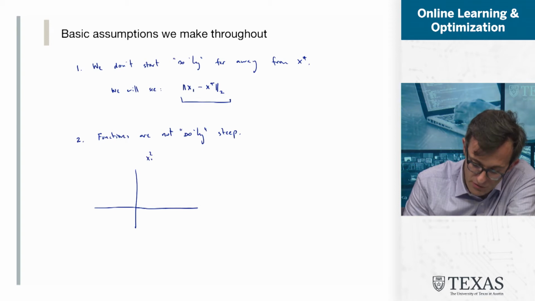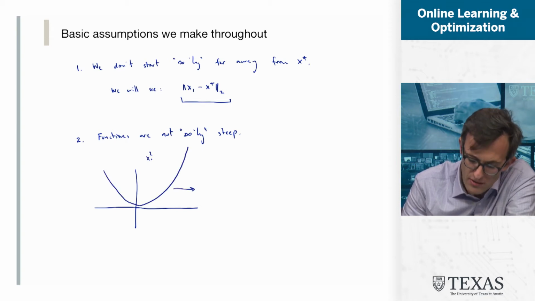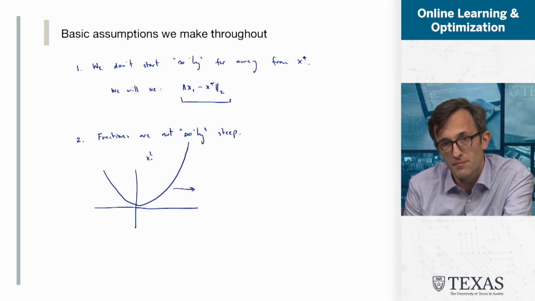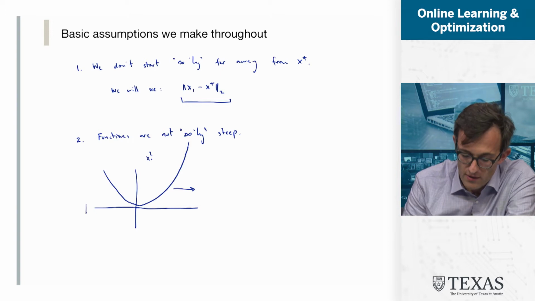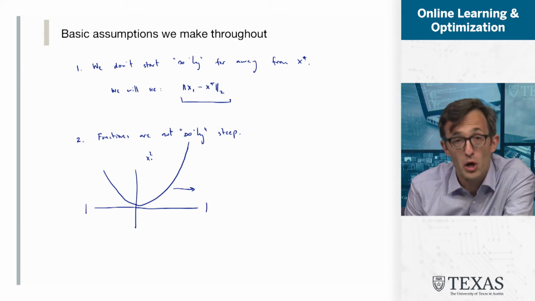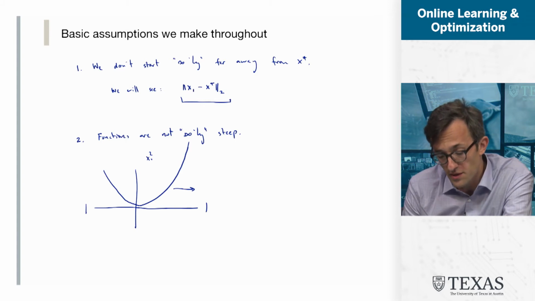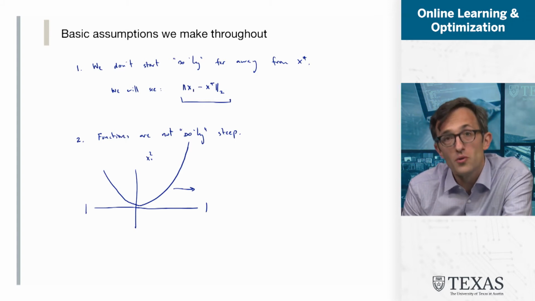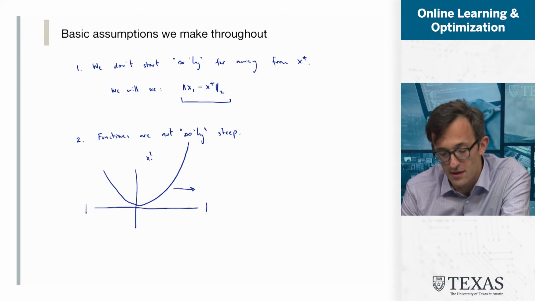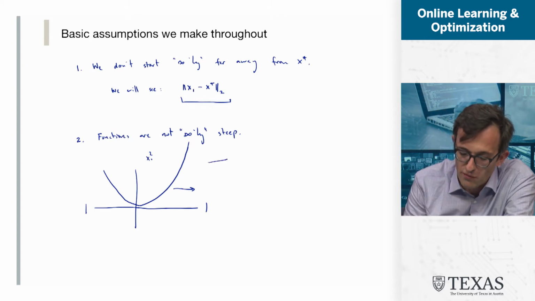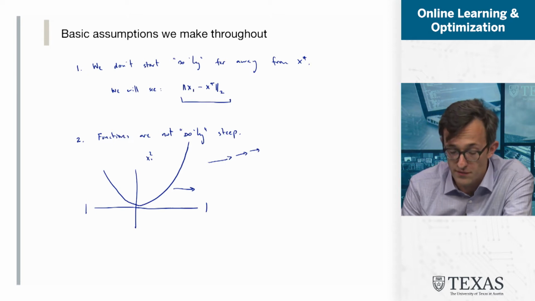This is a very natural function, and as you go out here, you do get infinitely steep. But again, this relates to the first point. We're really going to minimize this function where you have to start from somewhere. And wherever you start, you're not going to be infinitely steep. In particular, unless you're doing something like taking too big of a step size, you're not going to go farther and farther out where the function becomes infinitely steep.